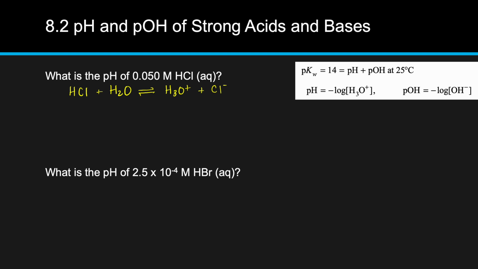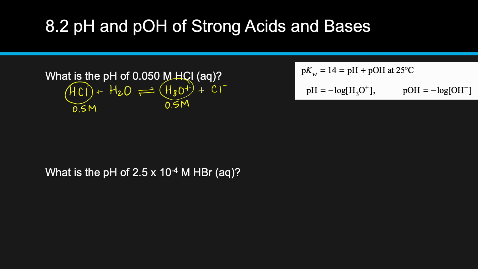Now what that means is if we are fully dissociating, if we start with 0.05 molar of HCl, it's a 1-to-1 ratio with our hydronium ion. So we're also going to have 0.05 molar of the hydronium ion.